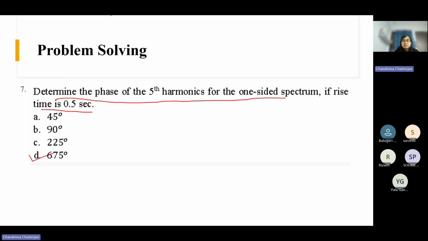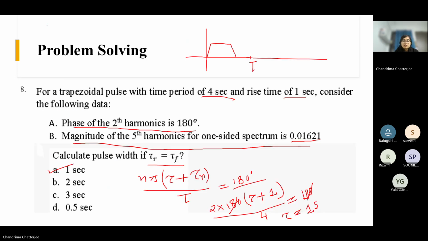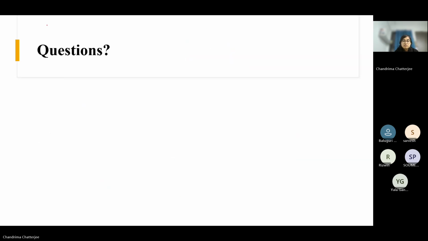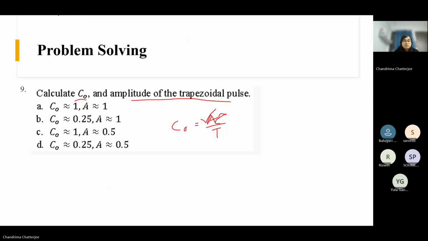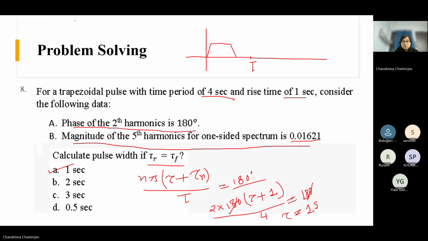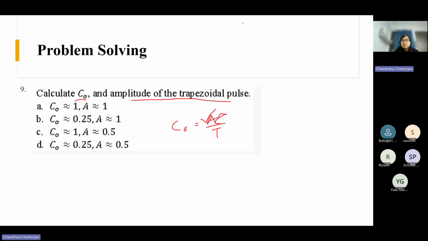Another equation is from the phase we can get, right?